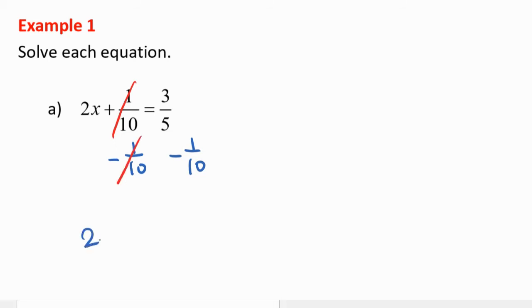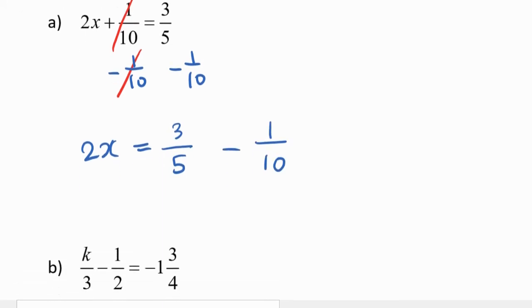I get 2x equals 3 over 5 minus 1 over 10. Okay, how would you calculate this? What's the first step of subtracting fractions?